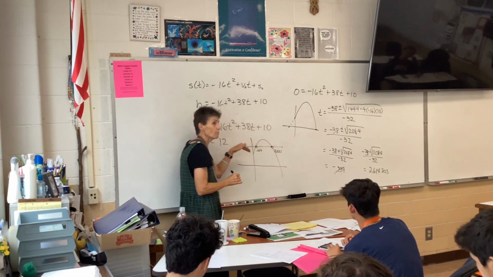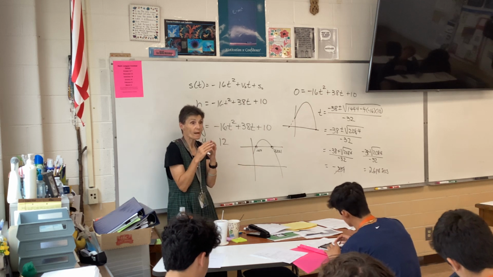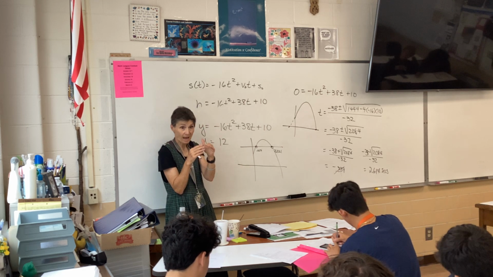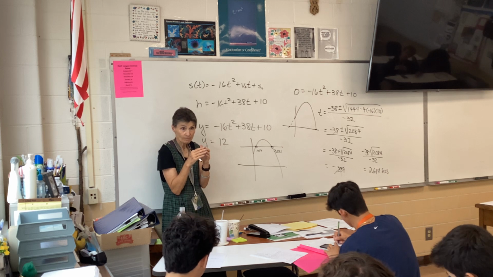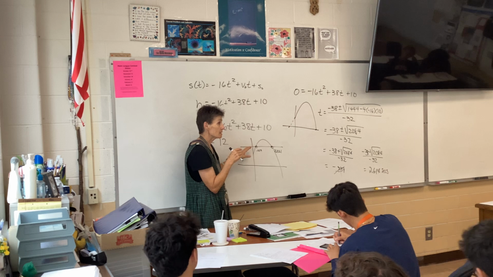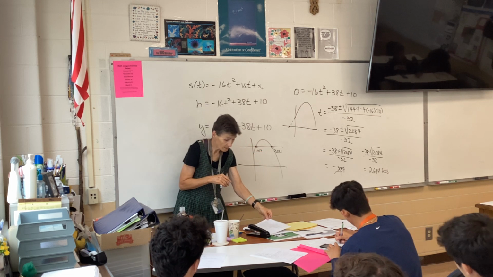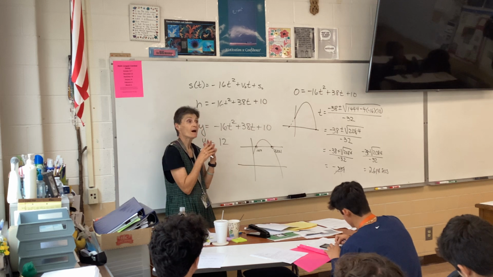So those are the places, according to Sam, where the ball is exactly 12 high. And again, we got that by second calc intersect. Now the question says I need the ball to be higher than 12.